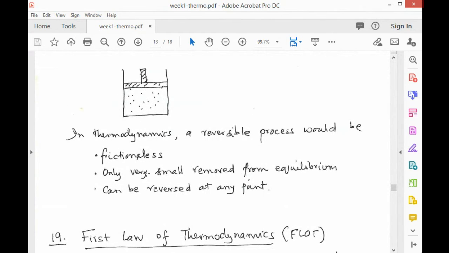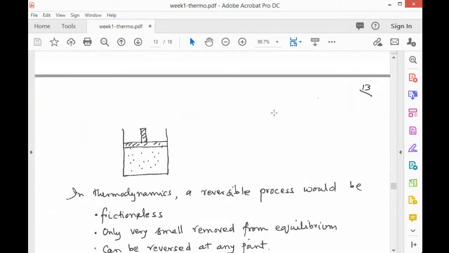So here in thermodynamics, we say a reversible process, to make our calculations, is frictionless. There should be no friction, and there should be only a very small disturbance from equilibrium, as I told you here.